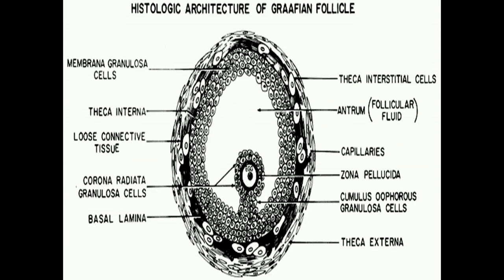It is waiting for the sperm to reach it. If the sperm reaches, it is going to get fertilized. If it does not reach, then automatically the ovum will undergo degeneration, and it turns into corpus luteum.